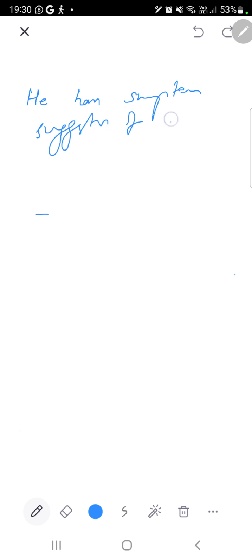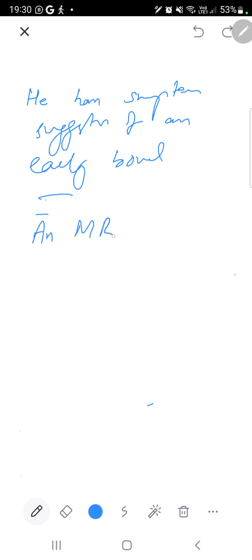Let's say he has symptoms suggestive of an early bowel obstruction. Similarly, an MRI was advised.